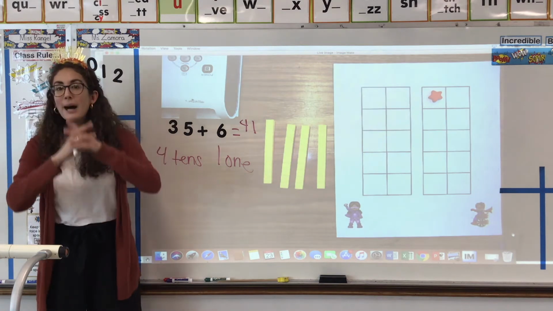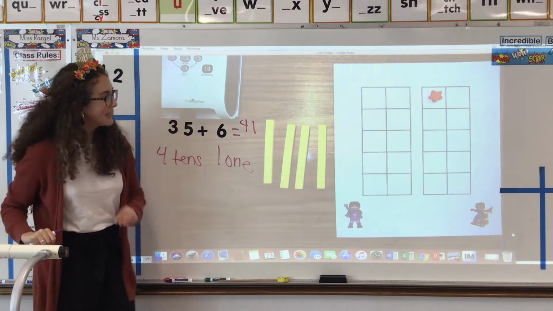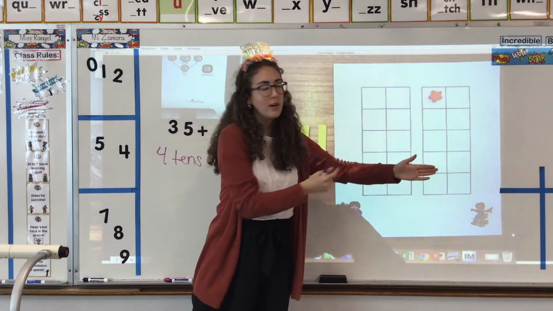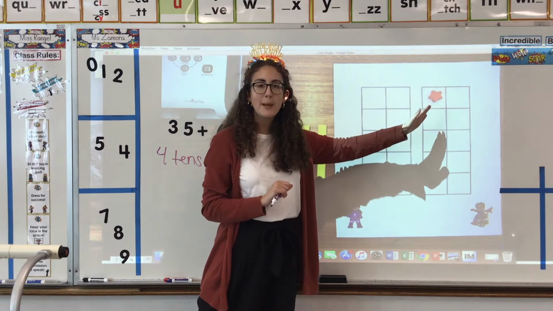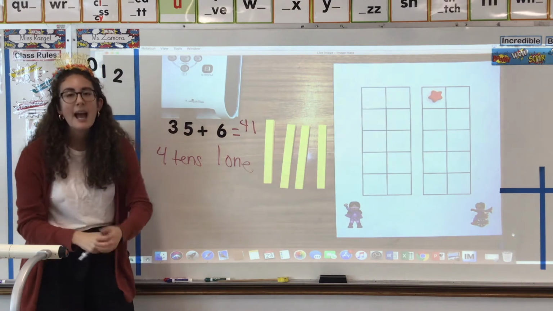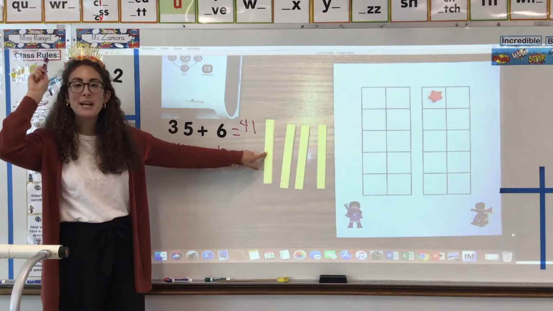We still bundled that group of 10 ones just like we did last time, but this time we had 1 left over. It was extra. It still was in our ones place because it wasn't part of that group of 10 that we had to bundle to make that bigger unit.